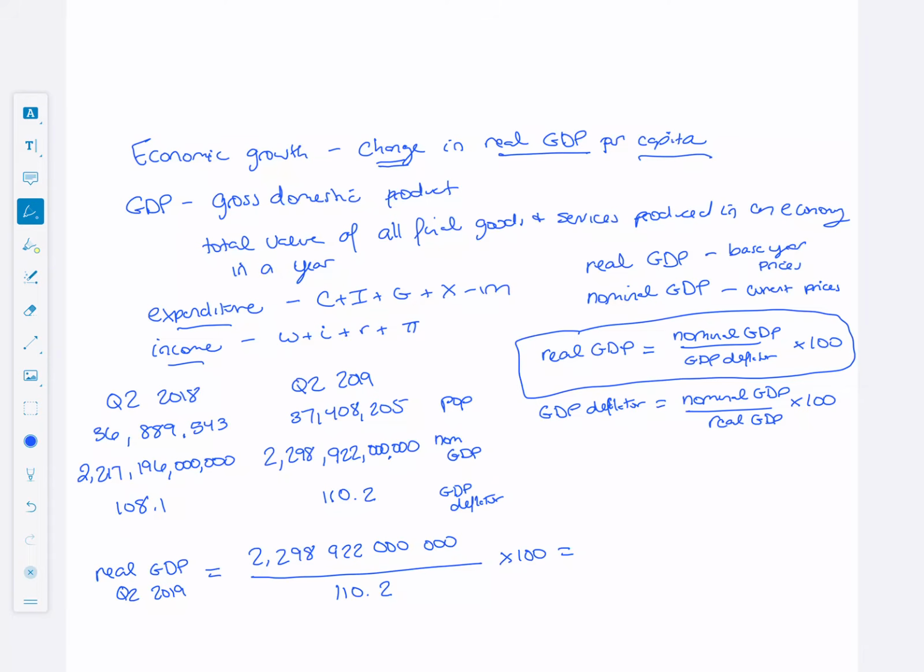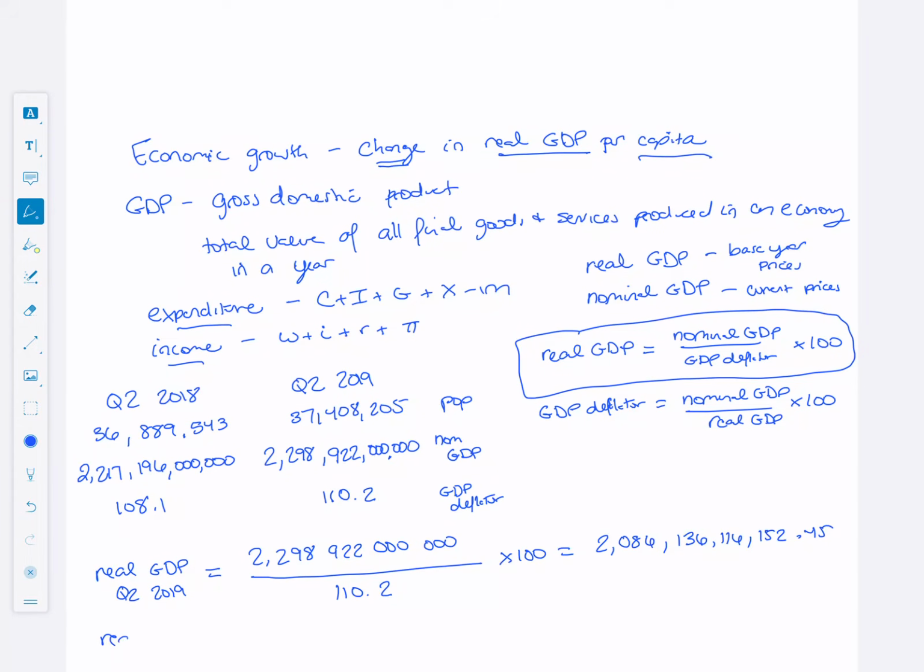So 2,298,922 and our 6 zeros divided by 110.2 times 100. Okay, and when we do that, we end up with 2,086,136,116,152, and technically 45 cents.